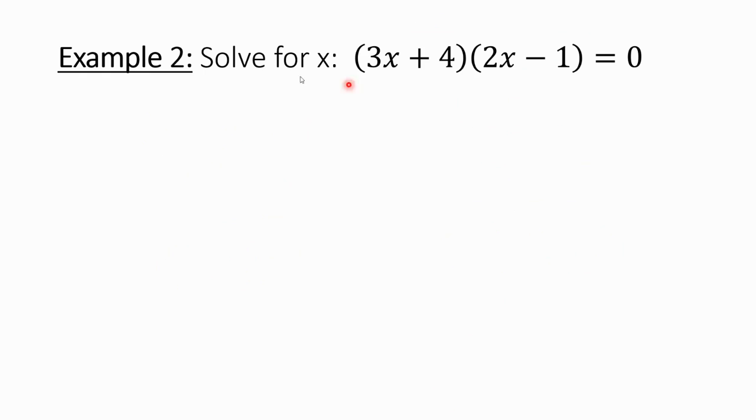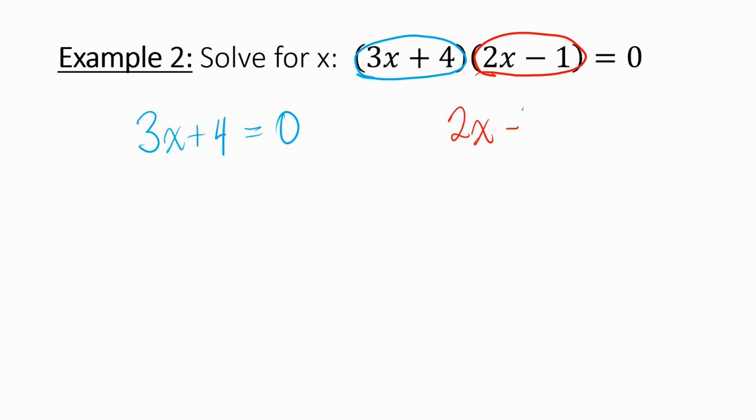Let's do example 2. Same idea here. I have this times this, and it equals 0. So either the blue stuff or the red stuff equals 0. So we're going to take a second and write them both out, set them both equal to 0. Okay, now we have two equations that we need to solve. They're two-step equations this time, so hopefully you haven't forgotten how to solve those. On this one, I'm going to subtract 4 first, then I'll divide both sides by 3.